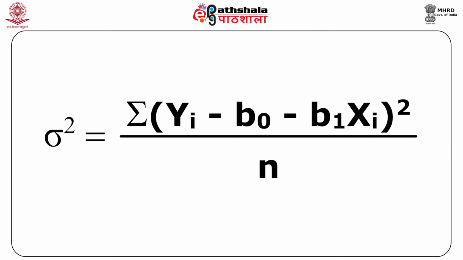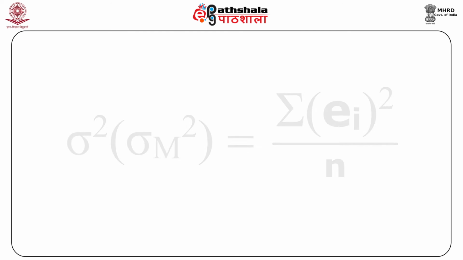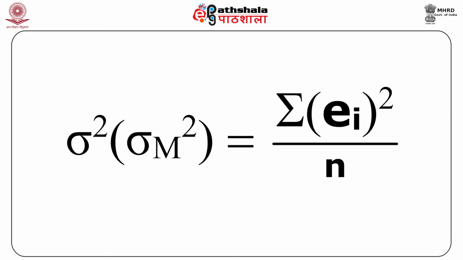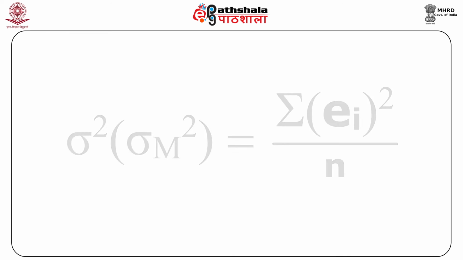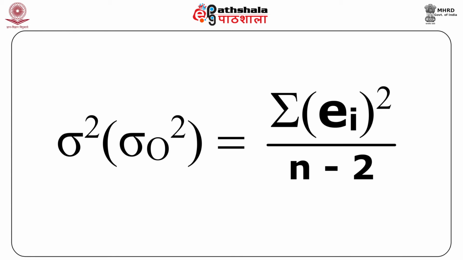Sigma square is equal to summation yi minus b naught minus b1 xi whole square divided by n. The maximum likelihood estimator of sigma square, sigma square m, is equal to summation ei square divided by n, which is different from the OLS estimator of sigma square, sigma square naught, equal to summation ei square divided by n minus 2.